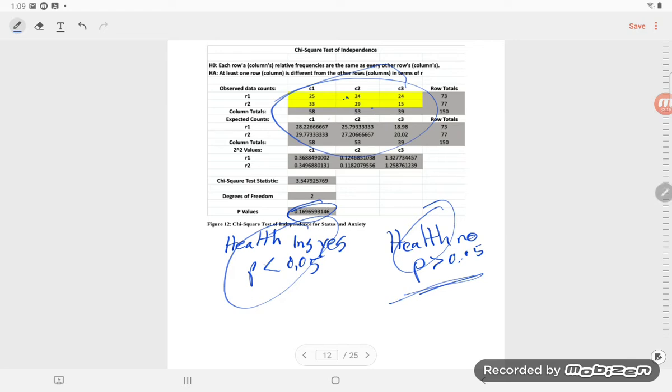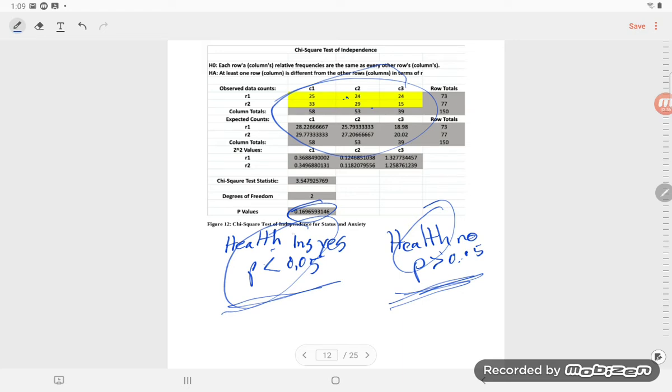But we aren't going to be able to see that unless they're split out somehow. So one way would just be to split the numbers and only do the numbers that go with health insurance, yes, and only do the numbers that go with health insurance, no, and see how that works out. Another thing one could do is split those numbers out, but have twice as many columns or twice as many rows, depending on how you did that split.